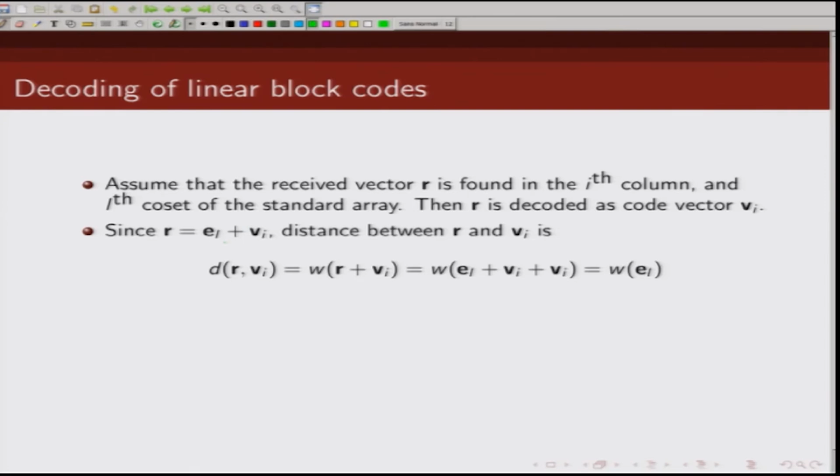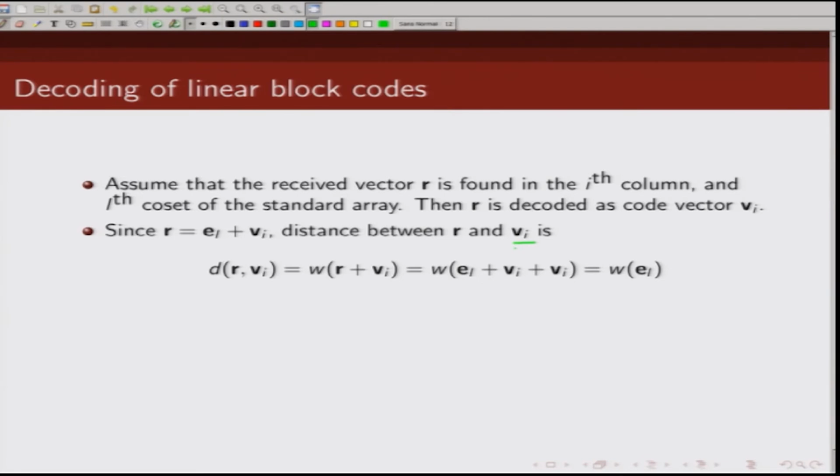Now, let us try to find the Hamming distance between our received vector and this code vector Vi, and the Hamming distance between the received vector and some other code word. The Hamming distance is nothing but the number of locations where these two vectors differ.